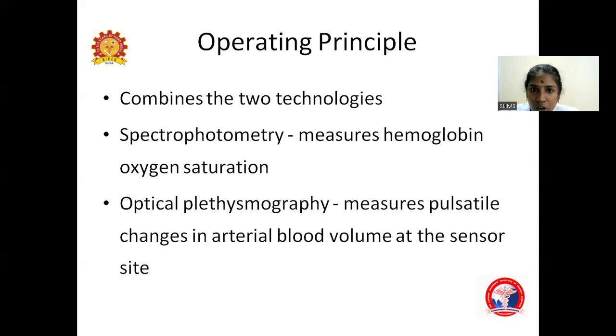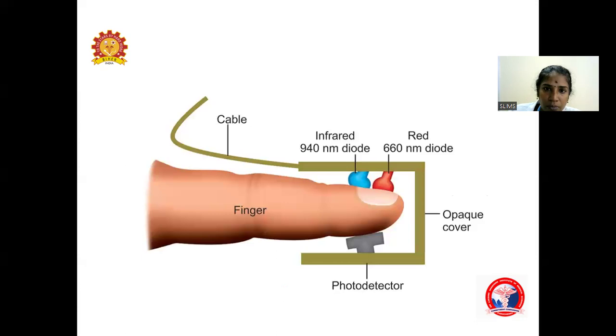So it is a combination of two technologies, mainly spectrophotometry and optical plethysmography. Spectrophotometry measures the hemoglobin oxygen saturation, and optical plethysmography measures the pulsatile changes in the arterial blood volume at the sensor site.